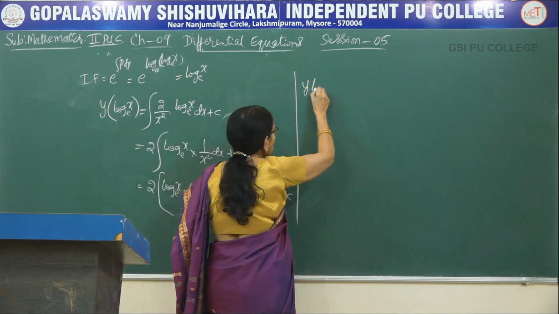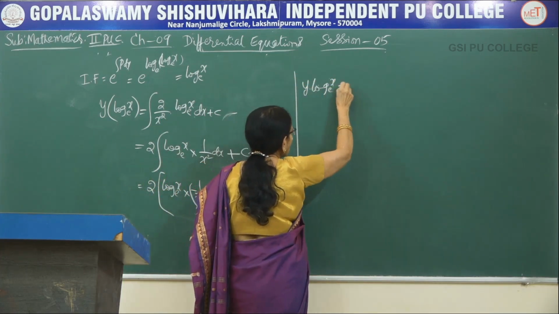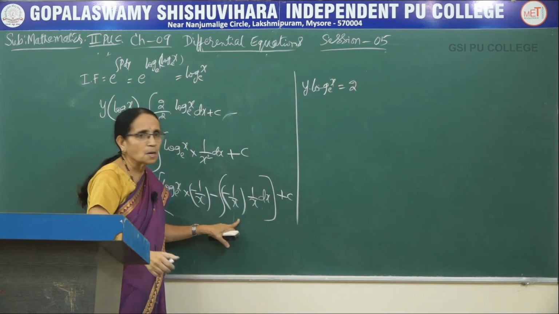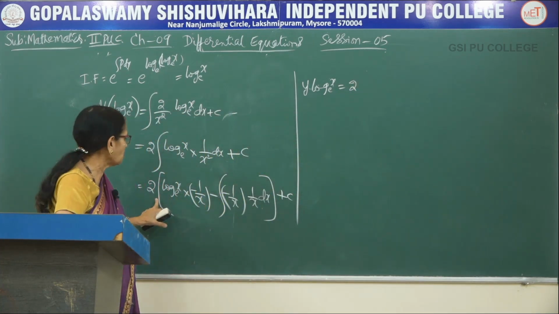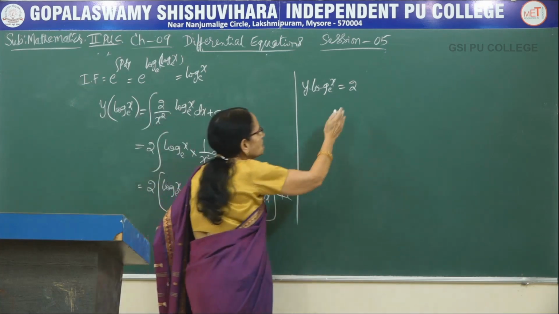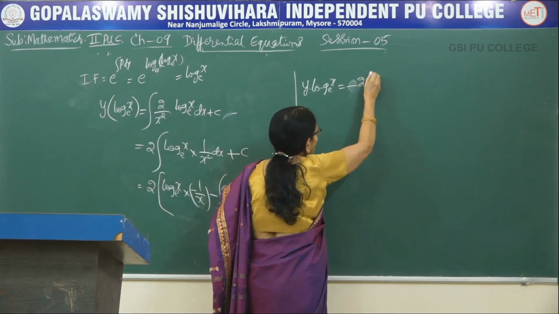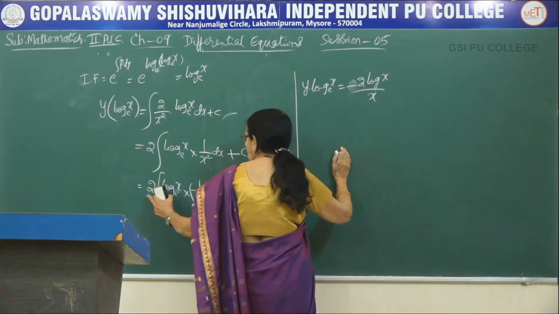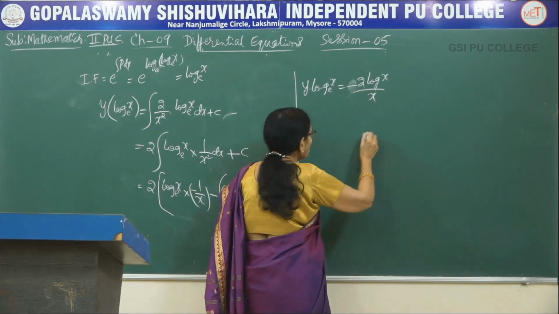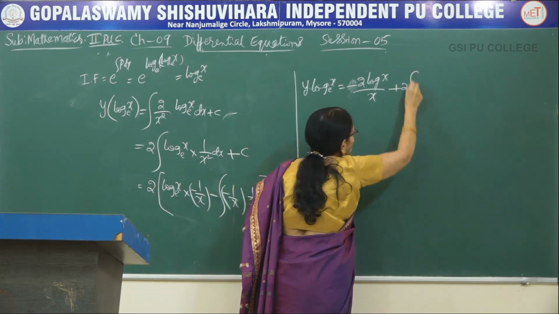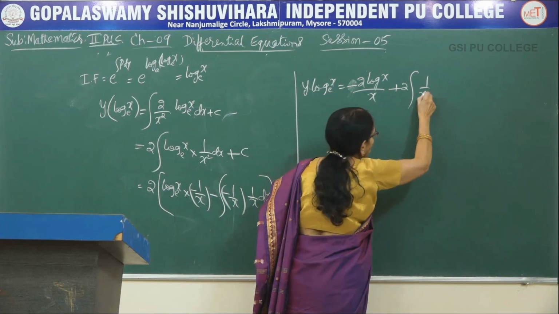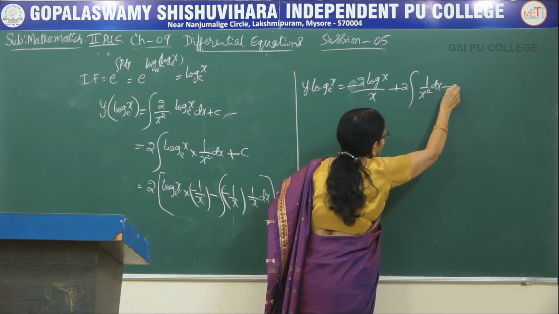Therefore, I can write y into log x, that is the left hand side. Right hand side 2 into, there are two terms here, both of them should be multiplied by 2. First there is a minus sign, minus 2 into log x divided by x. Then 2 into minus of minus, plus, that is 2 into integral 1 by x square into dx plus the constant.